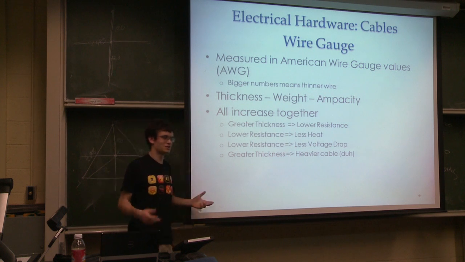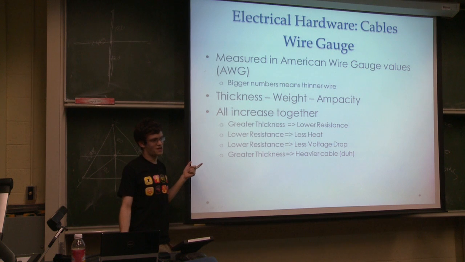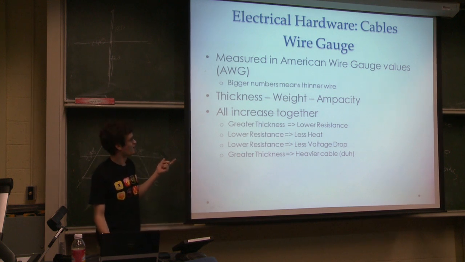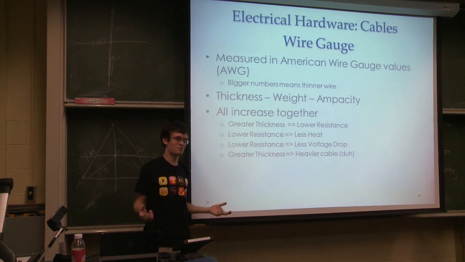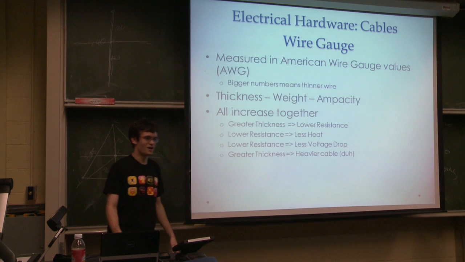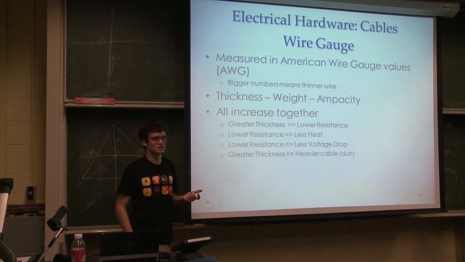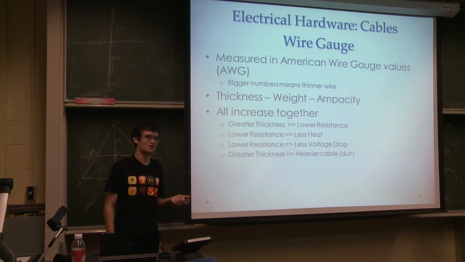As your cable gets thicker, the weight increases, but also the ampacity of the cable increases. If you think about a pipe of water, the bigger your pipe is, the more water you can shove down it at a time. Same theory applies to electricity. Wires don't have zero resistance. They have a very low resistance, but it's non-zero.